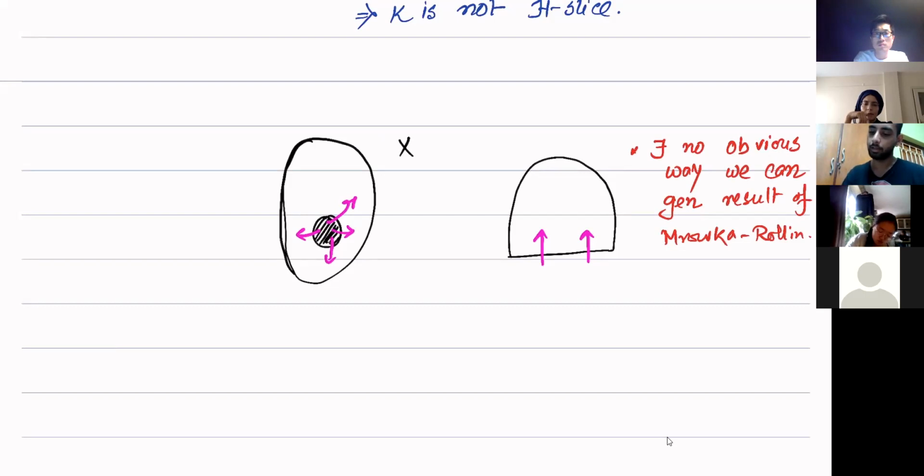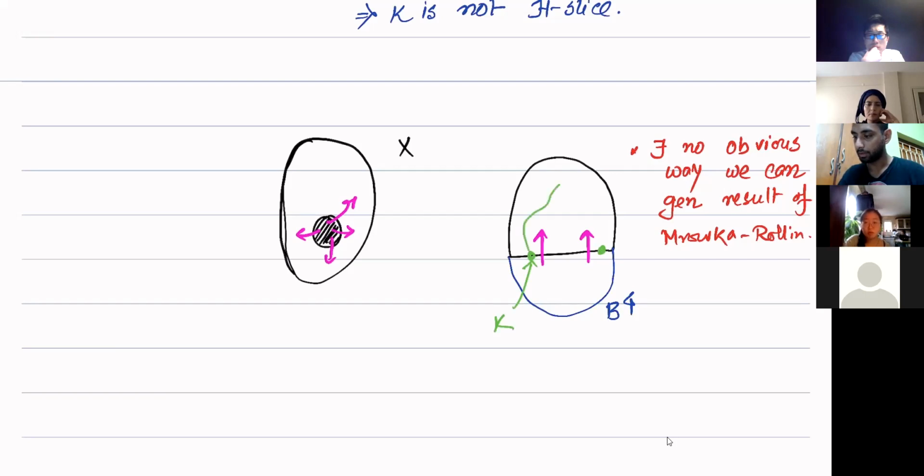For example, you can still imagine that I can cap this off with a 4-ball as before. And now what is our objective? We have a knot here, let's say our knot K, and we try to understand whether this knot bounds an H slice disk or not.